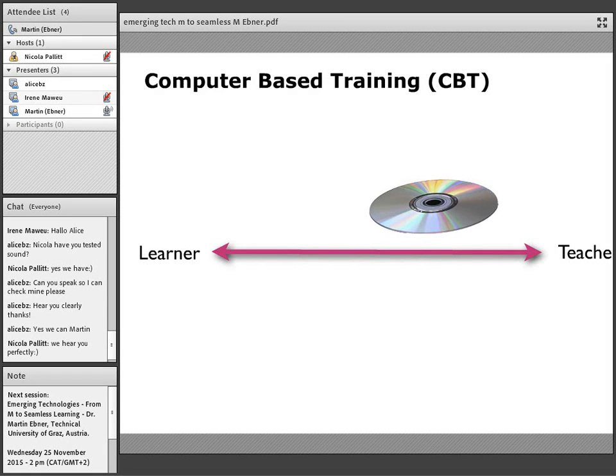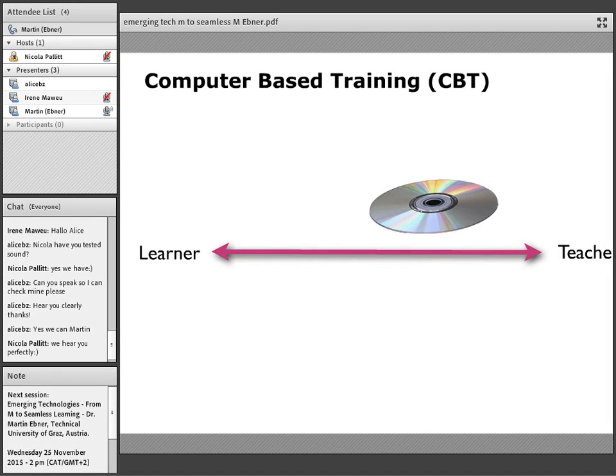Maybe a short introduction to the history of computer-assisted learning or e-learning, or however you would like to call it, or technology-enhanced learning. In the very beginning of computers coming up, of course, there were also ideas to bring learning and teaching content to the user via the computer.